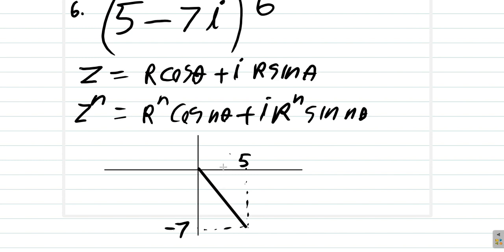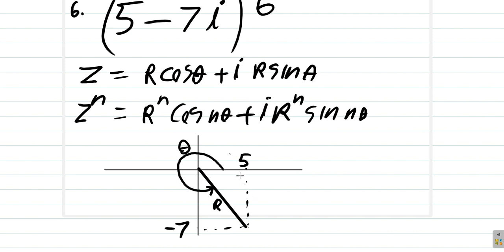Now, here we're going to find the absolute value of the complex number, which is r, and we have to find the angle. Remember, the angle is measured from the positive x-axis in an anti-clockwise direction. We go all the way around to find our theta.